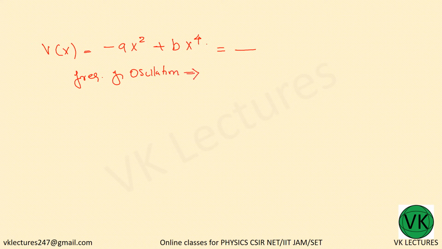It need not be that there should be a frequency of oscillation. First of all, we have to check whether it has an equilibrium point. Definitely it will have some equilibrium points, but we don't know whether unstable or stable. If it is stable, we should find omega. This is the question.